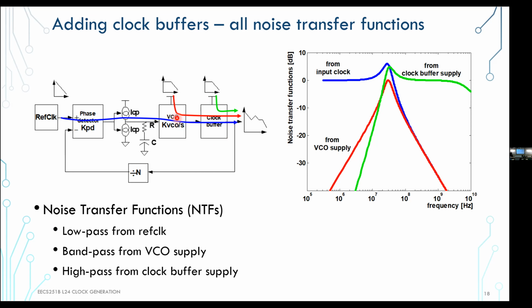A clock buffer is though not a VCO. As we said, a clock buffer has a limited number of stages, so it doesn't accumulate indefinitely. It only accumulates, let's say, n error or noise events. So its transfer function is going to be sort of a low pass, if you see the roll off here.